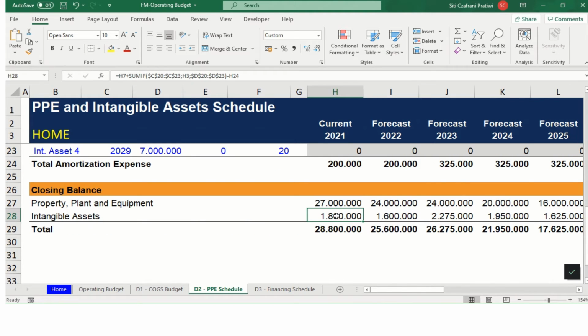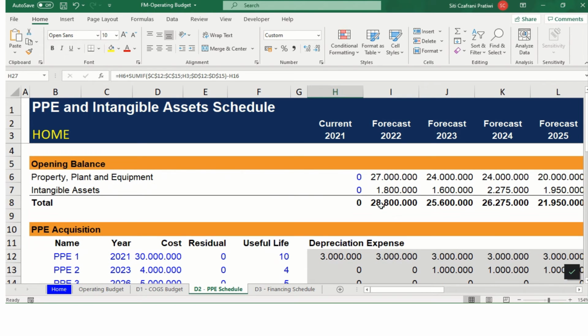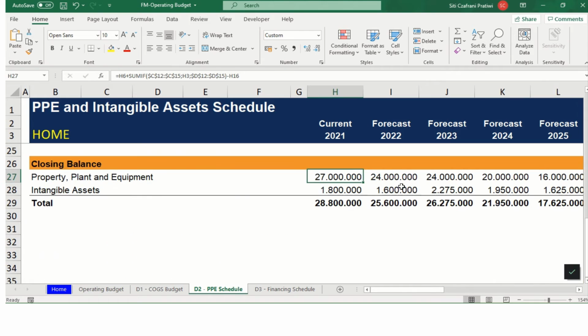And the similar formula also goes to intangible asset. And for the closing balance of your PPE and intangible asset, just simply add the PPE and intangible asset here, and the closing balance in the first year will be the opening balance in the next year, like this.